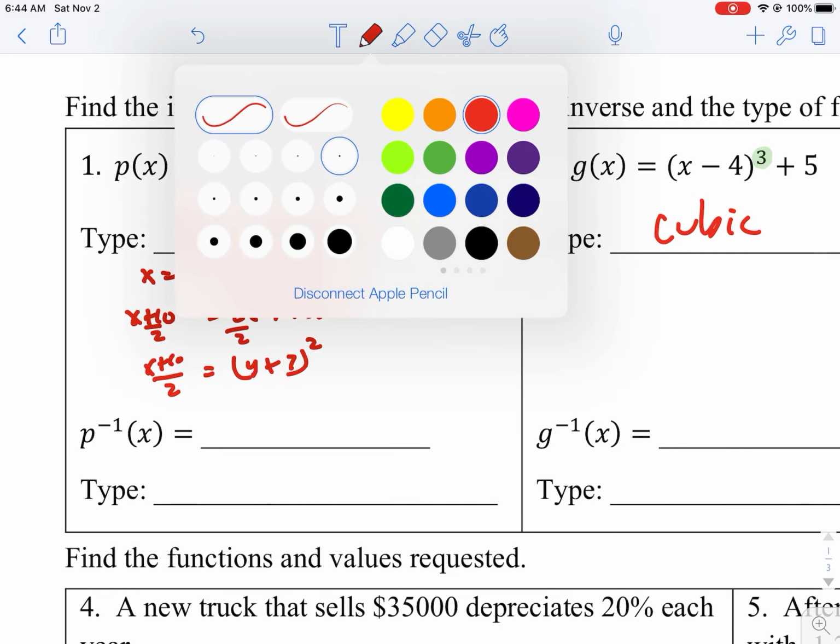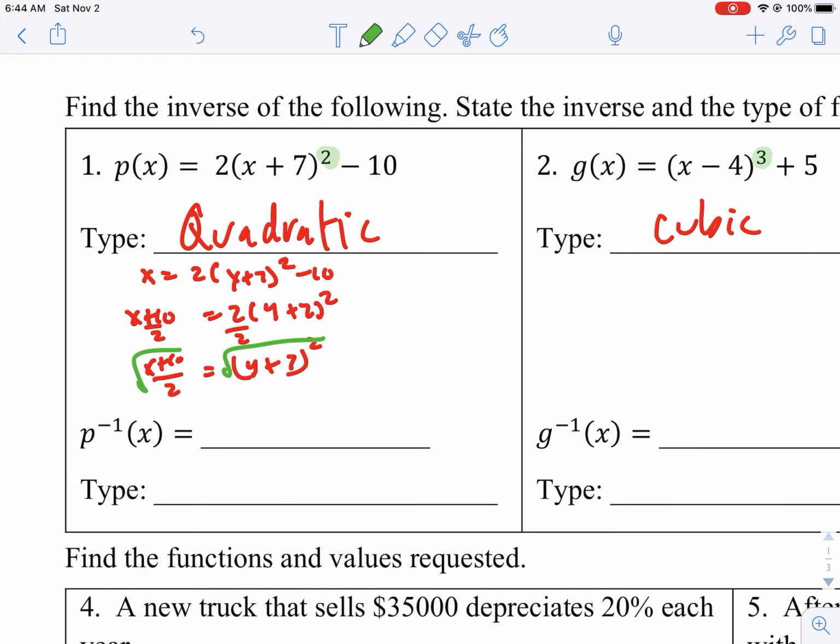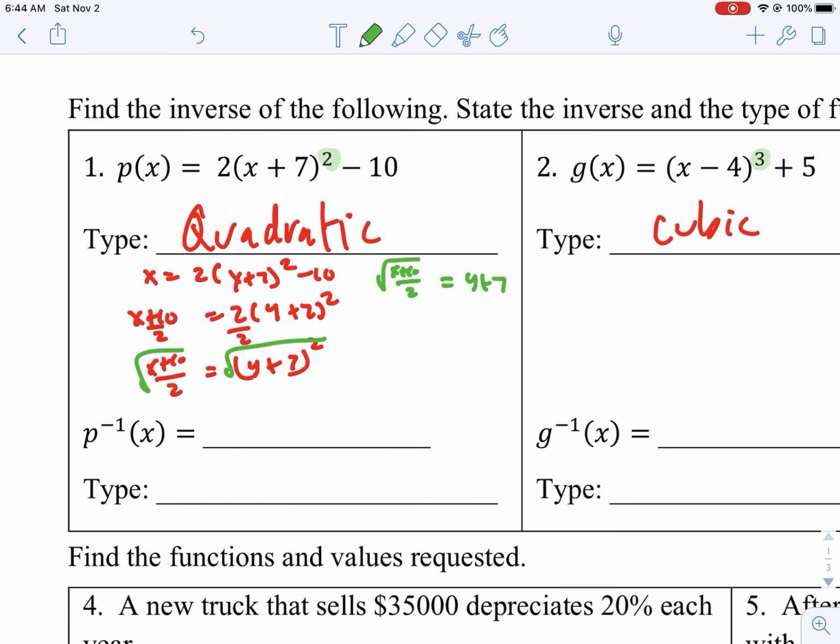Opposite of squared is square root. So now I have the square root of (x plus 10) over 2 equals y plus 7, and then you're going to subtract the 7. And because you have the square root, this type is square root. Don't forget to finish the problem.